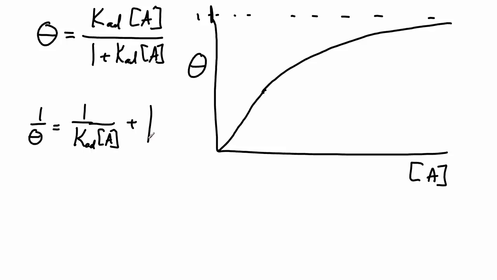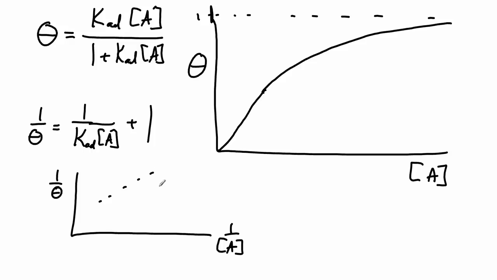So this should give us a linear graph, and if we graph this, we've got reciprocal coverage on the y-axis and reciprocal concentration of adsorbate on the x-axis. You get some sort of line like this. We can see the y-intercept is going to be equal to 1, and the slope of our graph is just going to be the reciprocal of K adsorption. On the next screencast, we'll do an example.